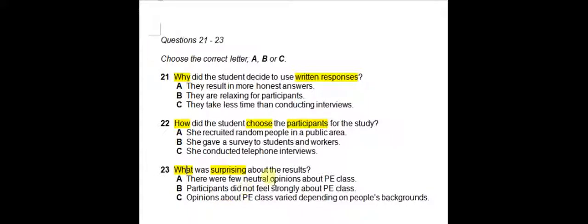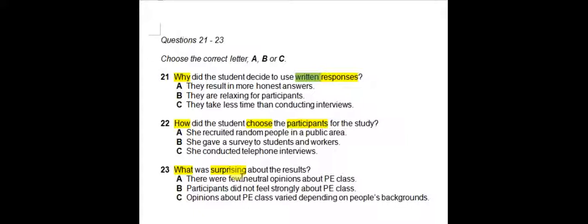In terms of paraphrasing, we've got the word written, so we can imagine writing, pen and paper, pencil, paper, anything like that. Choose, a similar word would be select. Participants, well, maybe the word participate, people to participate, something like that. Join the study, perhaps.